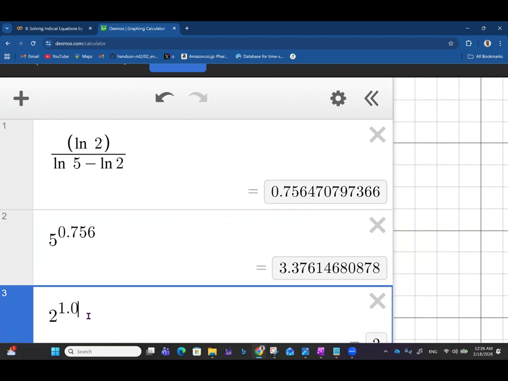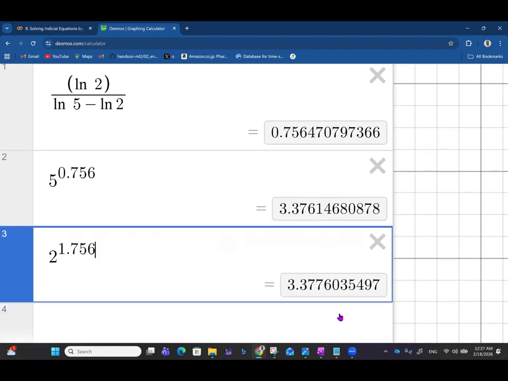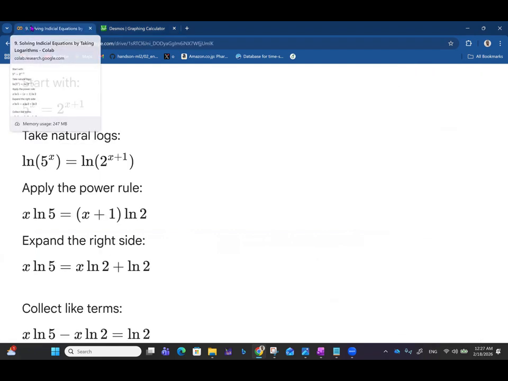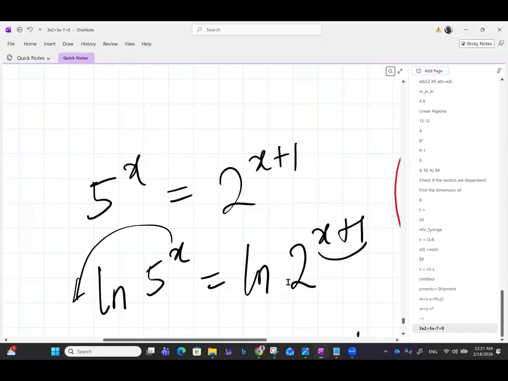That's 1.756. Okay, something was wrong earlier, but now, 2 raised to power 1.756. So yeah, you can see they are pretty close. So that's an approximate result. And it's correct to two decimal places. Okay. So that's what we get right here.